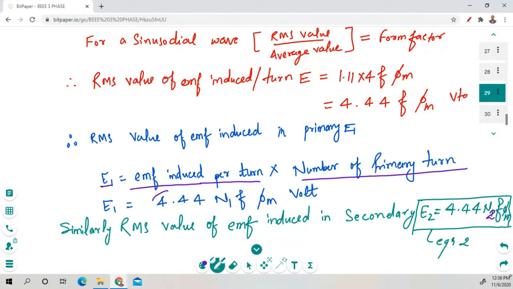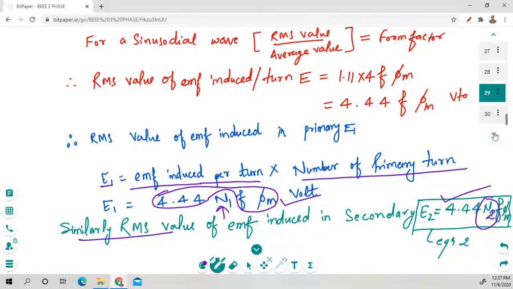We have calculated the EMF value as 4.44 f phi m, and we multiply it by the number of turns N1. On the secondary side, we multiply it by the number of turns N2. And we put in all the values for the EMF induced per turn here. In this way we have calculated the EMF across the primary side and the EMF across the secondary side.